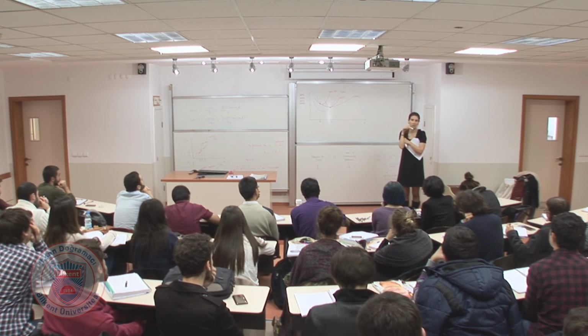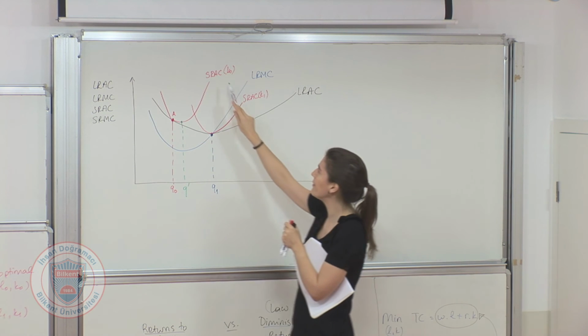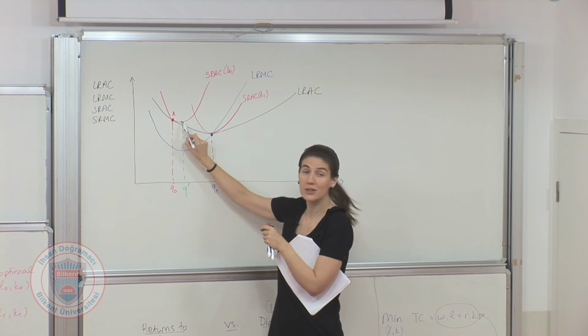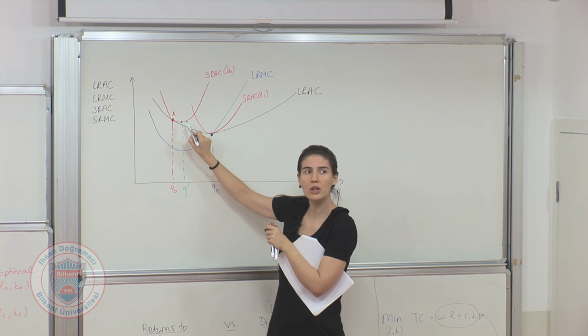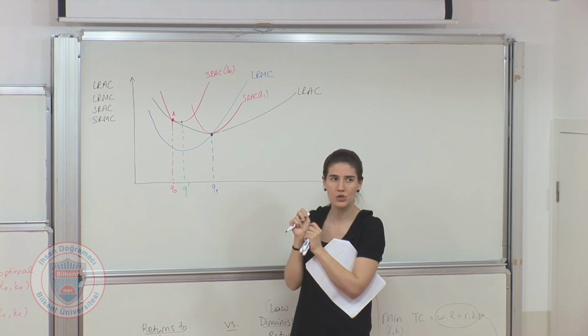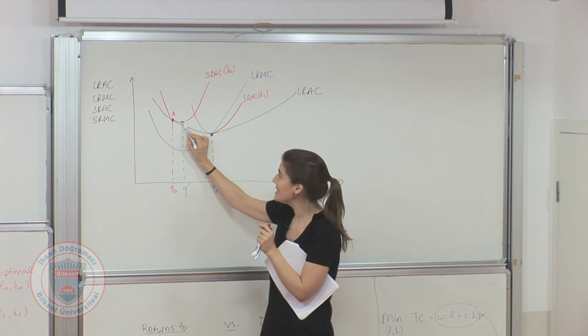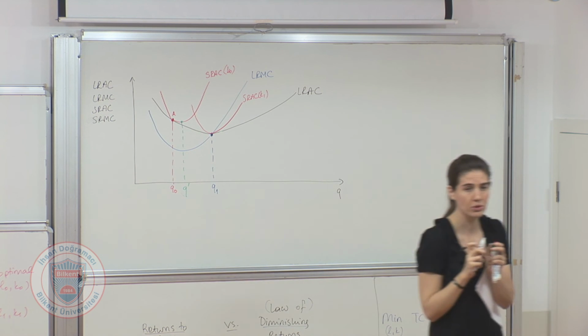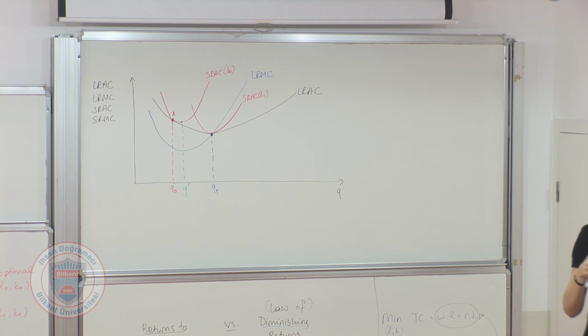In the short run, if you look at your short run average cost curve, because there's increasing returns to scale, you can go even a little bit lower in average costs. But is this the optimal amount in order to produce the Q bar level of output? Is that the minimal cost in order to produce Q bar level of output?